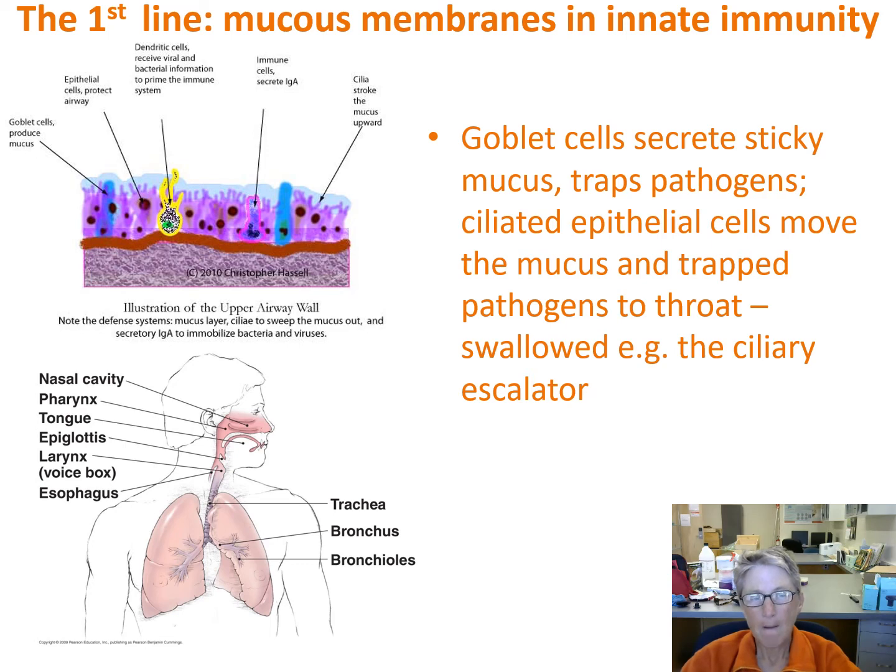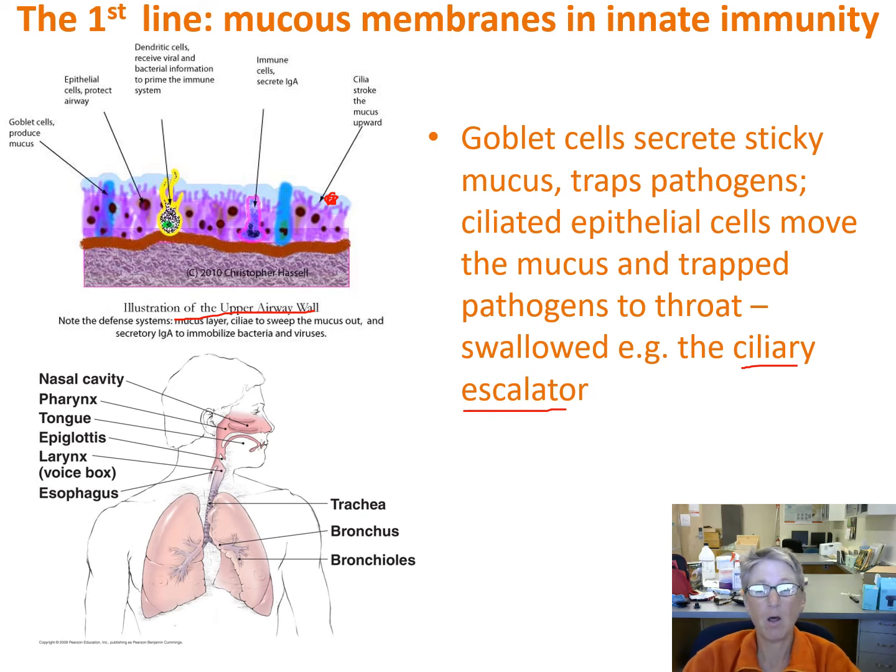So this cartoon that we just went over, the upper airway wall, this is called the mucociliary escalator. We talked about this. The goblet cells secrete this sticky mucus, which traps pathogens, viruses or bacteria. The ciliated epithelial cells move the mucus toward the throat, and then you can spit it out or swallow it. That's called the ciliary escalator.